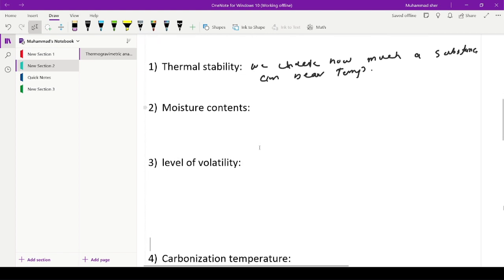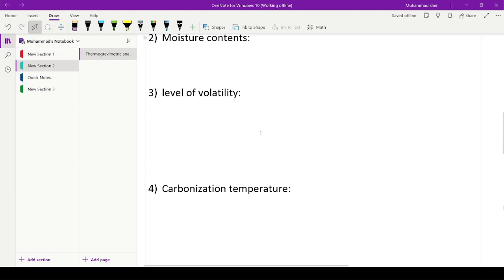The third application is the level of volatility, which is to study whether the compound under observation is volatile or not, and this application is used to decide the bottle for different products.